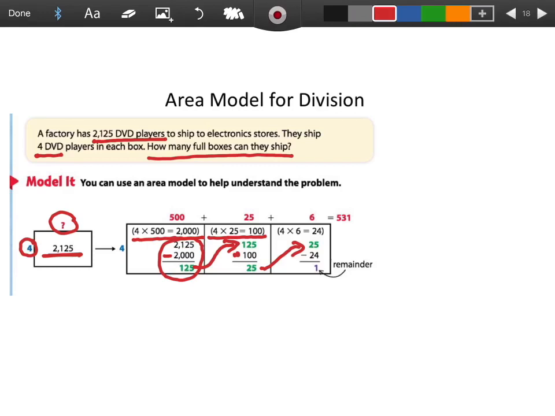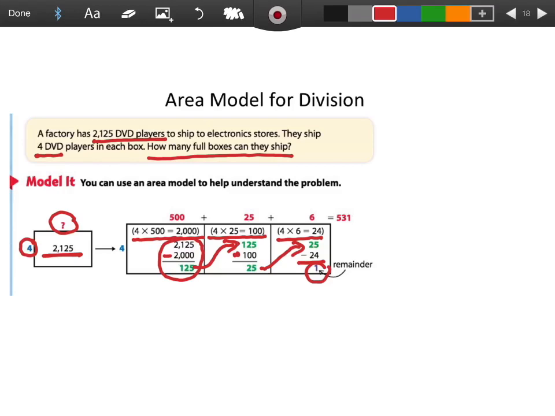So I'm going to pack 6 more boxes with 4 DVD players. So that gives me 4 times 6 is 24. I'm going to take that out of my 25, and I'm going to have 1 DVD player left over, and it's not going to make a full box. So that is my remainder.